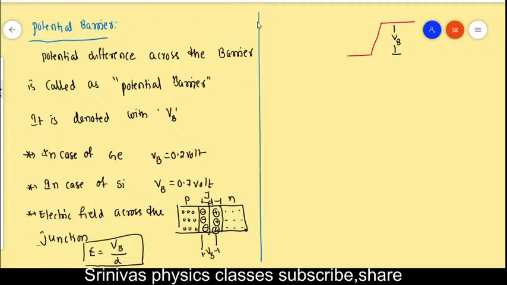VB is the potential barrier. Listen very carefully: d is the width of the depletion layer.